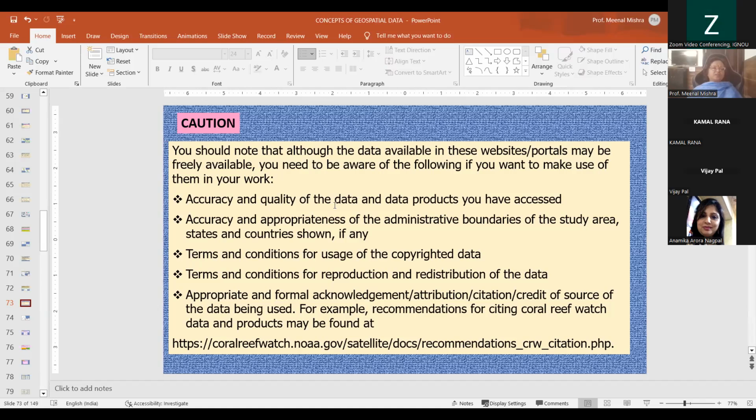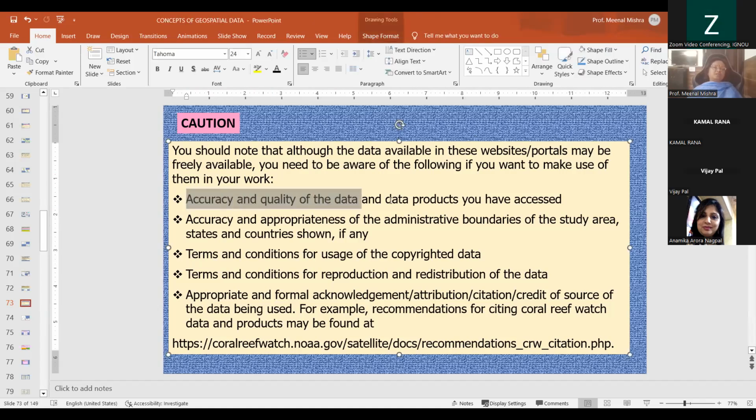First, you should be aware of the accuracy and quality of the data and the data products which you have accessed. And then you should know about the accuracy and the appropriateness of the administrative boundaries of the study area or the state or the country, if any.